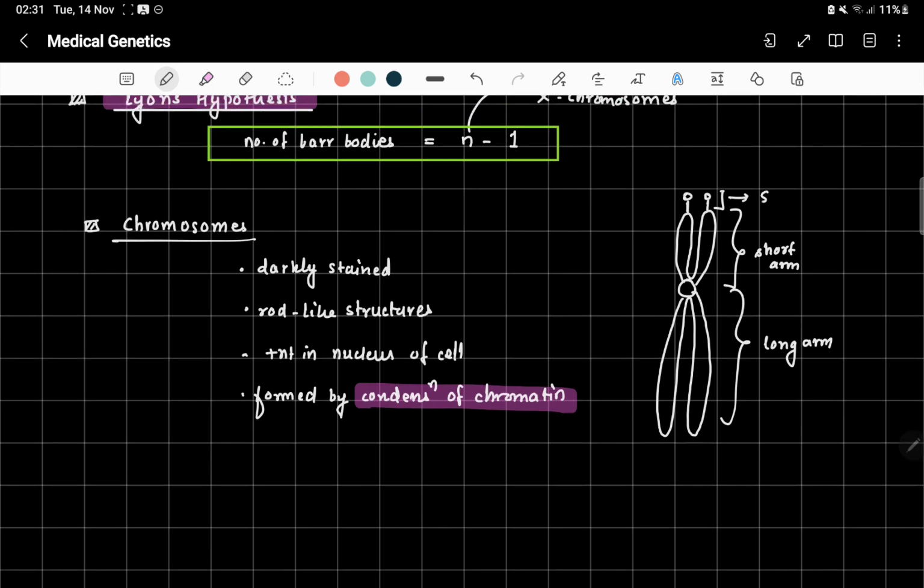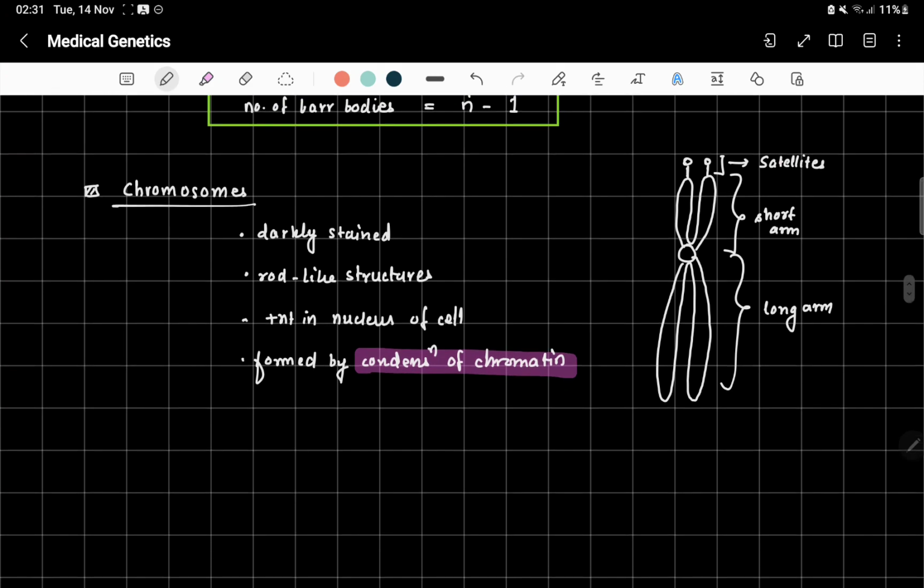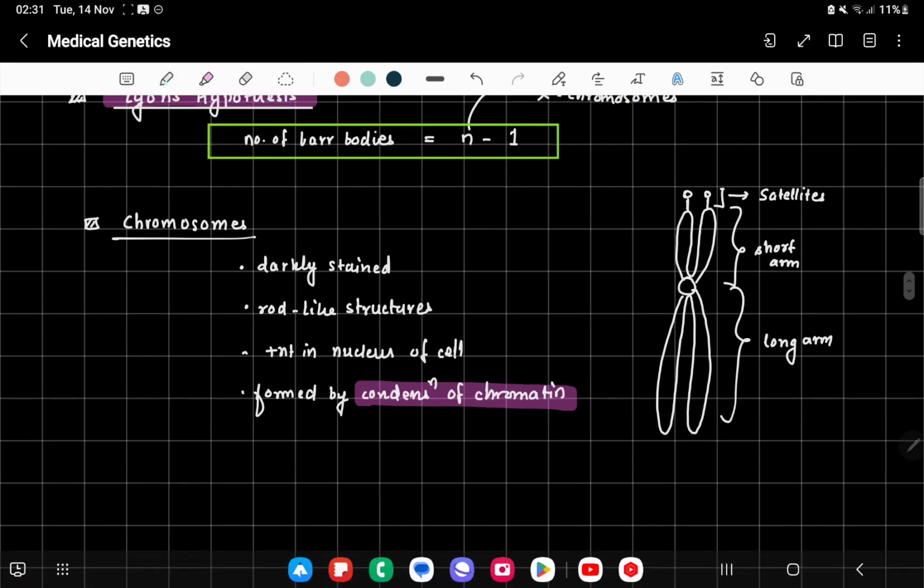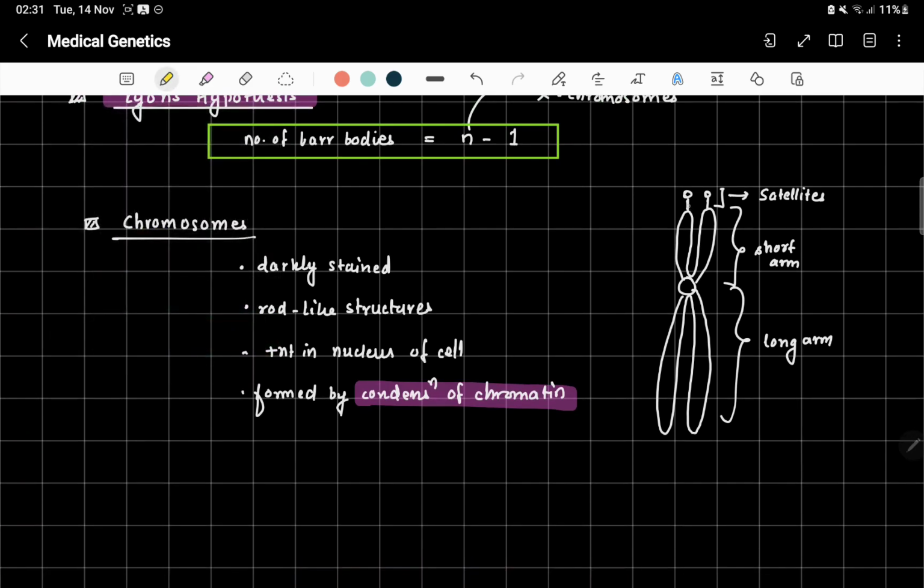In the satellite there is a constriction, which is called the secondary constriction, and this one is called the primary constriction or centromere.